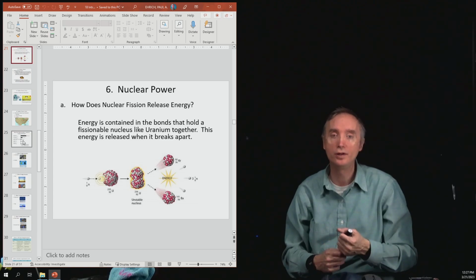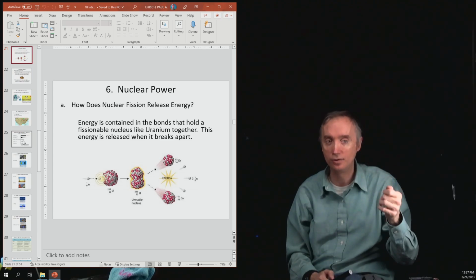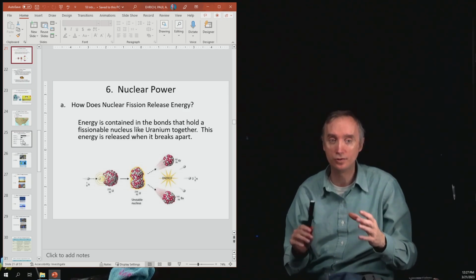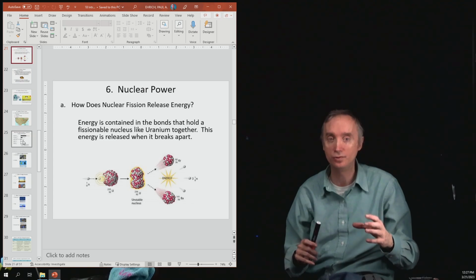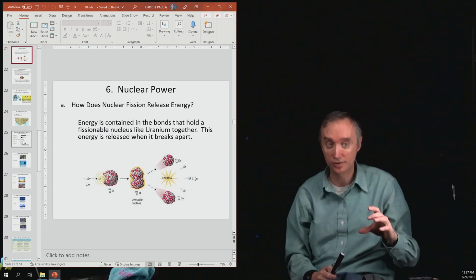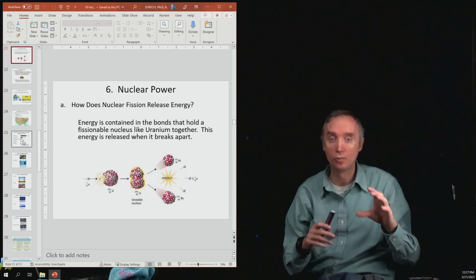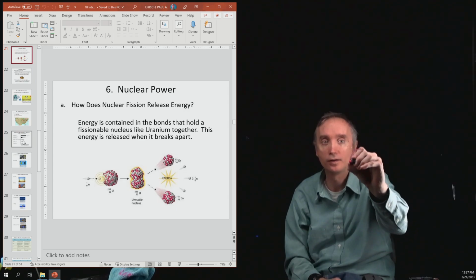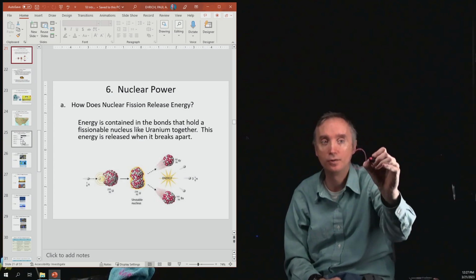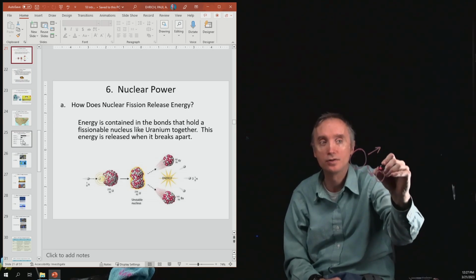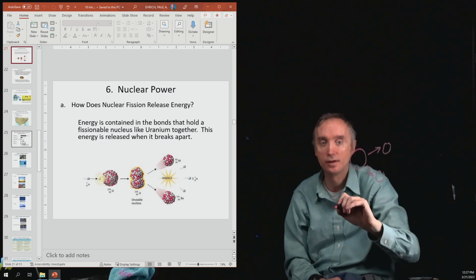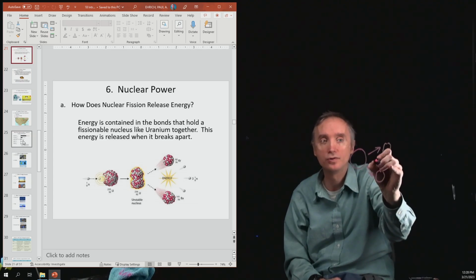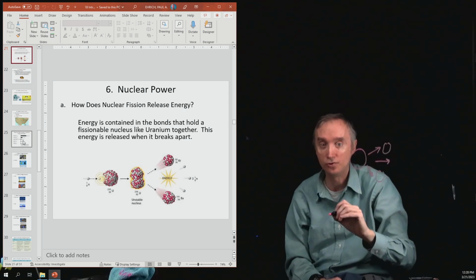And so what we could do is hit that nucleus with a neutron, and it will cause that large nucleus to break apart into two smaller nuclei that are more stable than the original nucleus. So we start with a large nucleus, we hit it with a neutron, it's going to break apart into two smaller nuclei, and then it's also going to release some more neutrons.